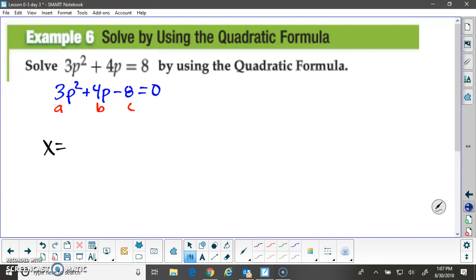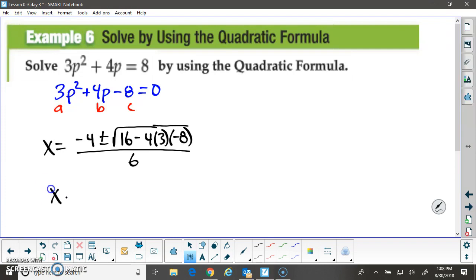Now using the formula, negative b plus or minus b squared minus 4 times a times c, all divided by 2a. So simplifying this, I'm going to break it apart.